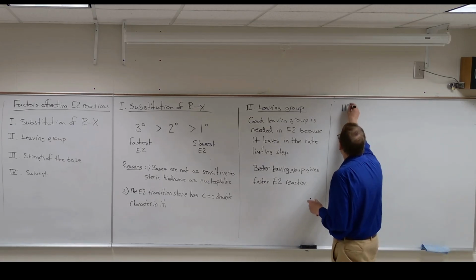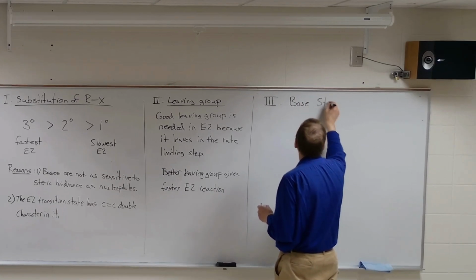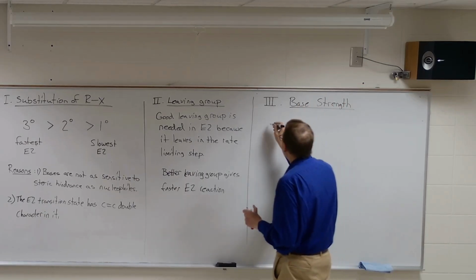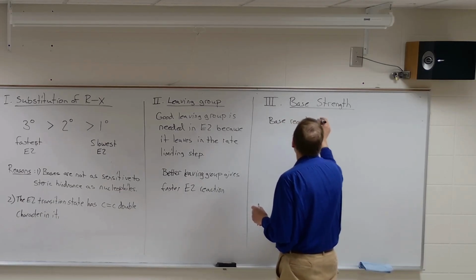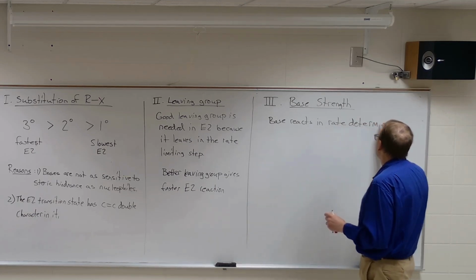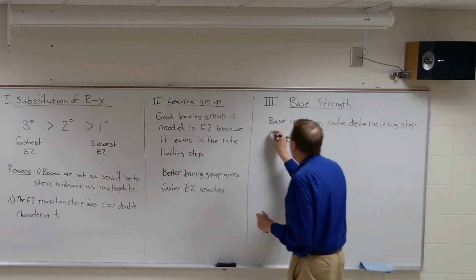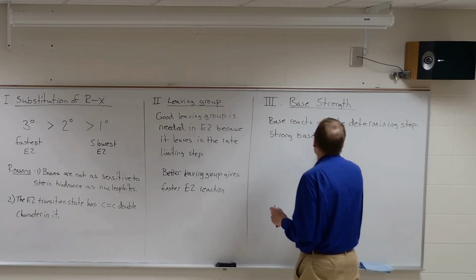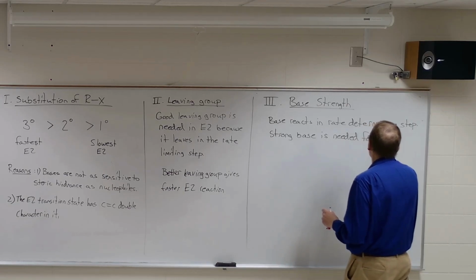Then there is number 3, which is the strength of the base. Base strength. So the base reacts in the rate determining step, and therefore a strong base is needed for E2.